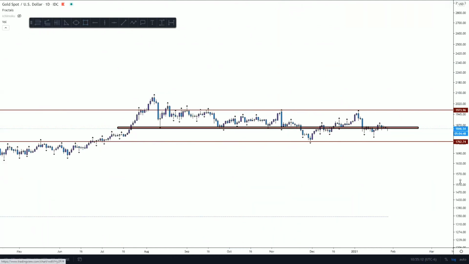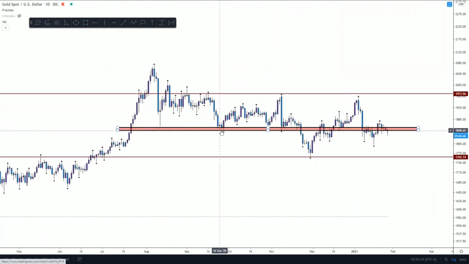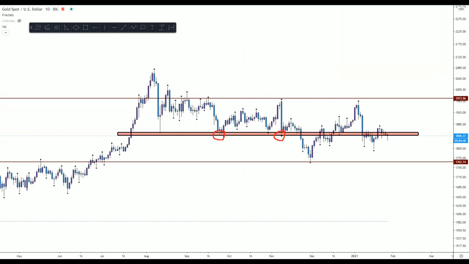We have a zone. So you see how price held here? If we look at it, it touched multiple times in here, touched in here, right here, and here, and here as well. So this is a fine area of support. We see that if price is above it, price is going to act as support here, and you see the bounce.